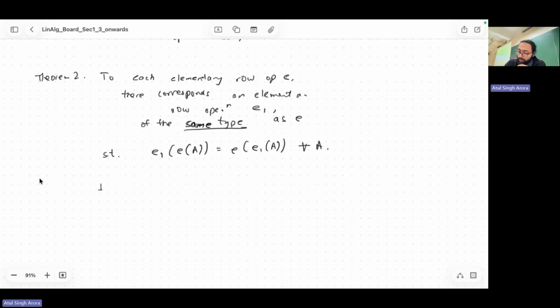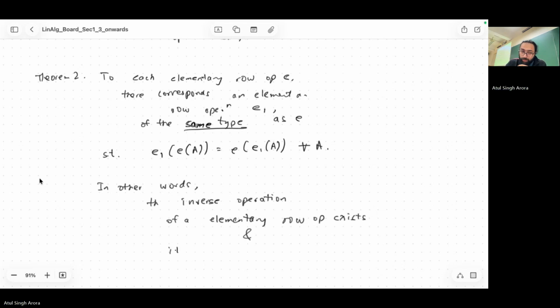Okay. So in other words, the inverse operation of an elementary row operation exists, and it is an elementary row operation of the same type.